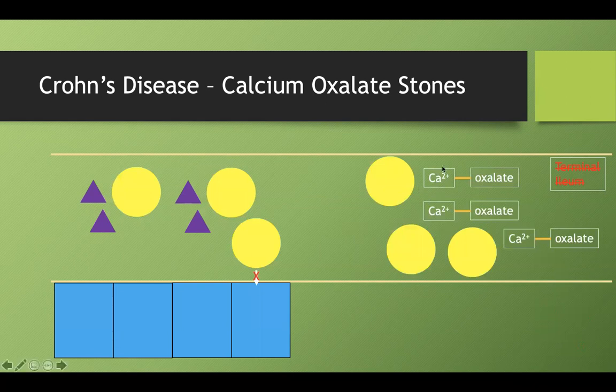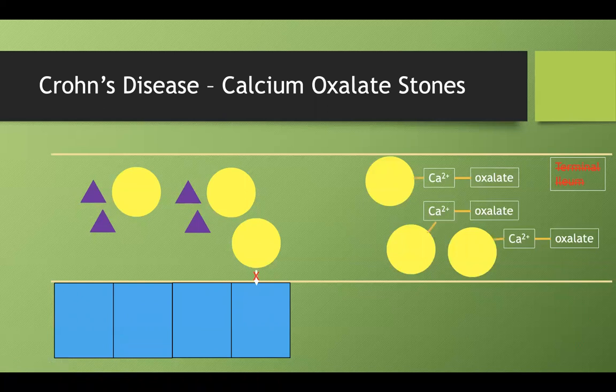Note that in our GI tract, we usually have calcium that's bound to oxalate. And if calcium is bound to oxalate, this oxalate can't escape, and this will all get excreted. The problem is that these fat cells love calcium. So they'd be happy now that they're here in the GI tract hanging around. They love to bind to calcium.